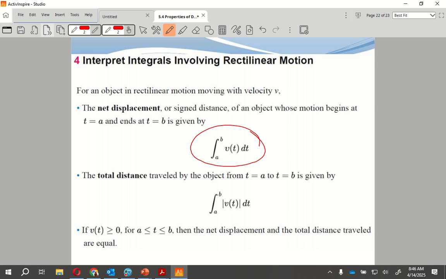I'm walking from here to Douchebros and back. I just did it right now. Did you see it? What is my net displacement? 0. That's what that means. Since I went forward going there and backwards coming back, I have a negative velocity coming back. So my net displacement would be 0.